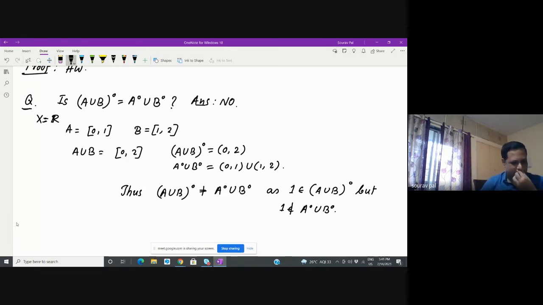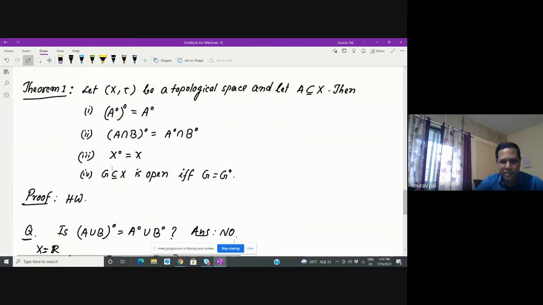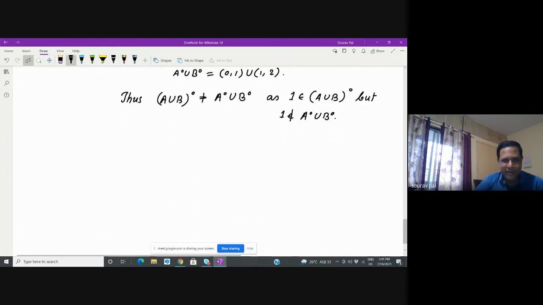And what happens with the closure? You have a similar theorem for the closure, right? So what should be the analog of this theorem for the closure? Who can tell me? There should be an analog for the closure. I guess you all can guess it.